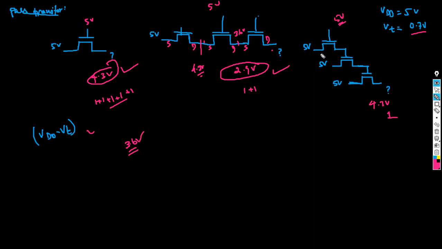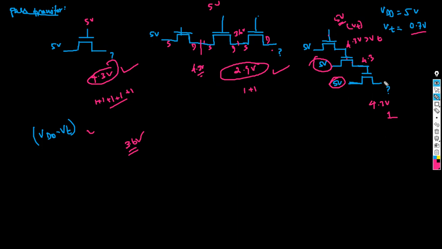Now understand, the moment it is beyond VT, the transistor turns on and starts conducting, and as usual VDD minus VT is going to be 4.3 volt. Now this 4.3 goes here, so it's greater than VT. Now this transistor starts conducting, and this is again going to be 4.3 because your VDD is only 5 volt.